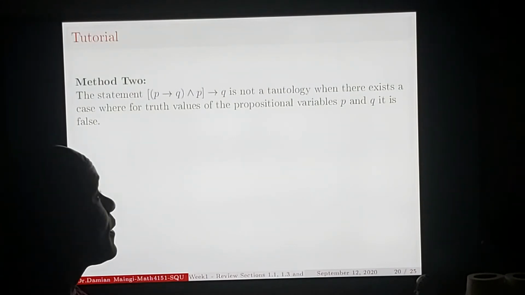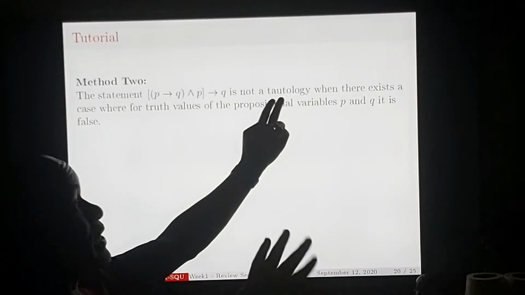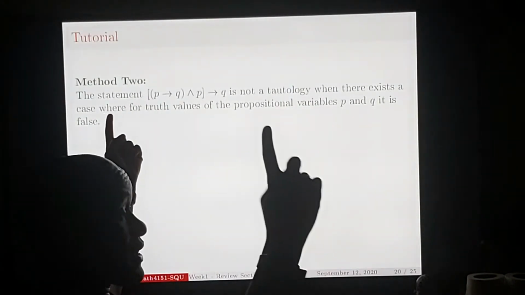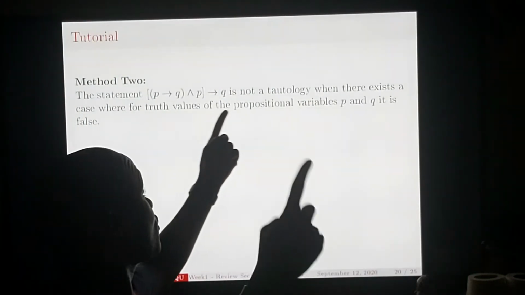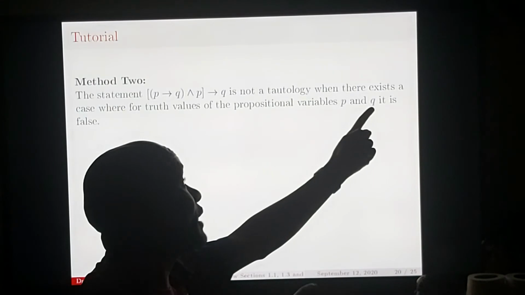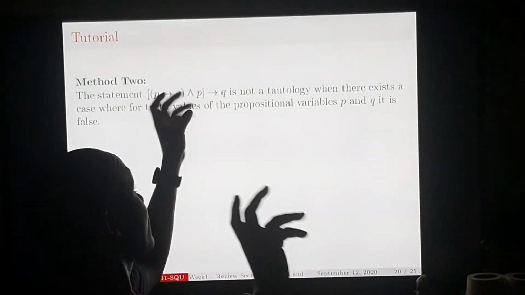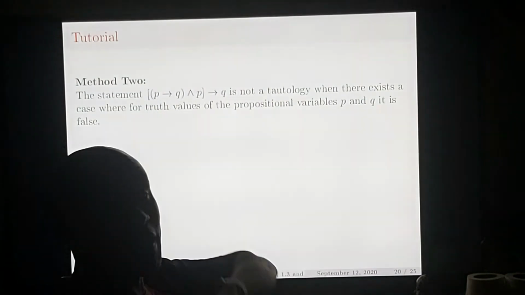Meaning that this statement will fail to be true, in other words, it will not be a tautology, when there exists at least one case where, for truth values of the propositional variables, whatever P and Q take, it is false. For whatever P and Q, if we end up with a situation where this gives you false, then this will fail to be a tautology.